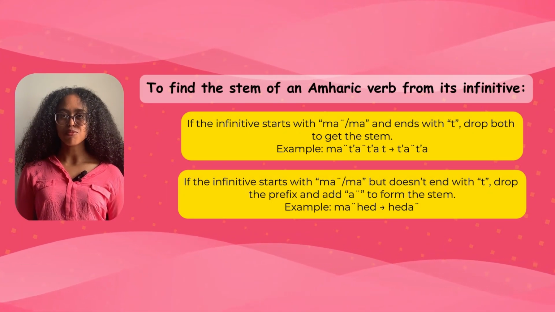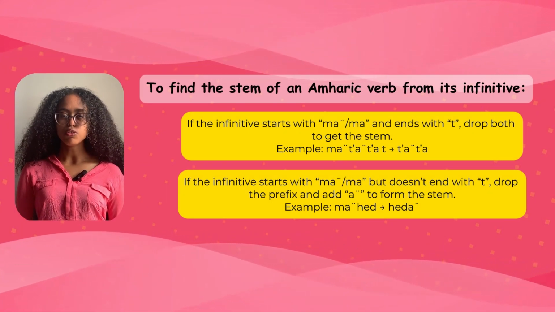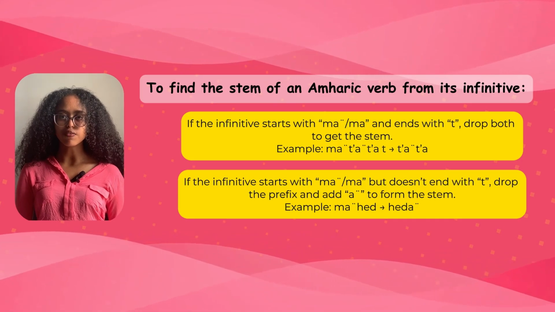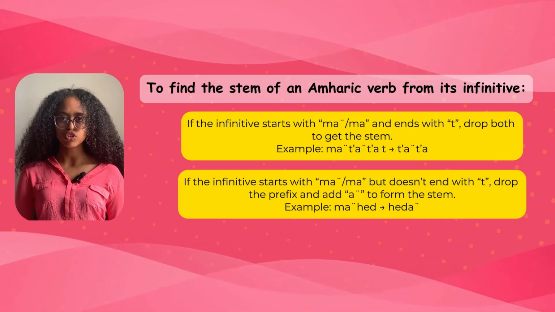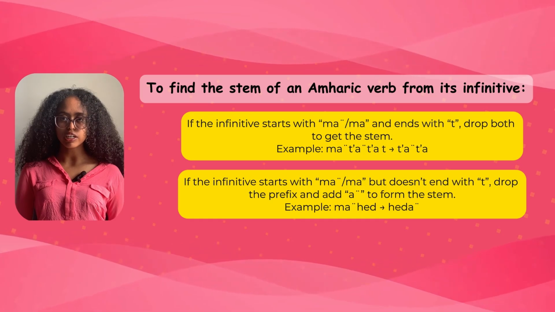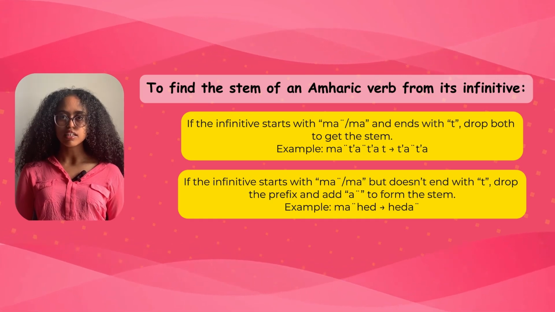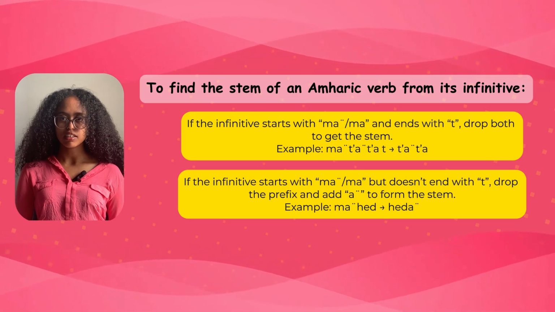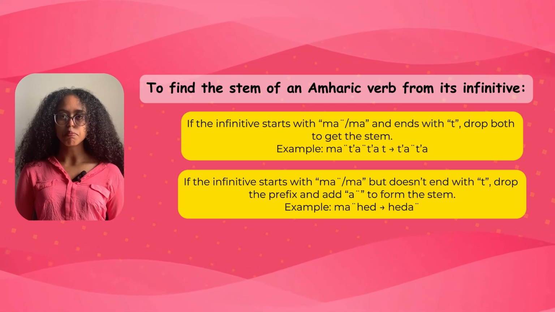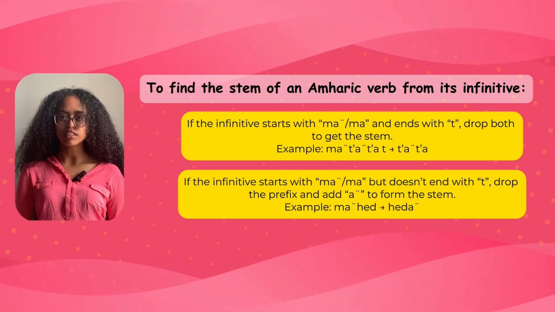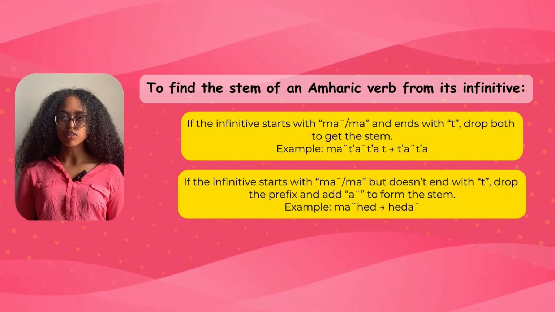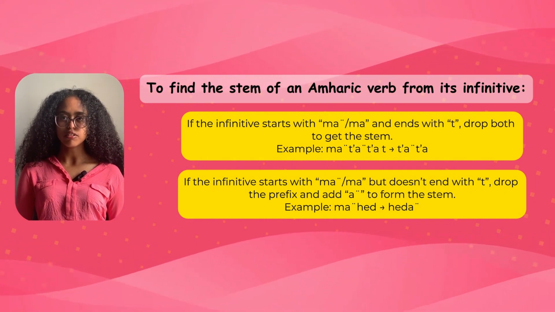To find the stem of the verb from an infinitive, you need to know about prefixes and suffixes in the Amharic language. Let's say you wanted to say to sleep. That would be metanyat. Here we have the prefix me and the suffix t. Both of them would be dropped, giving us tanya.